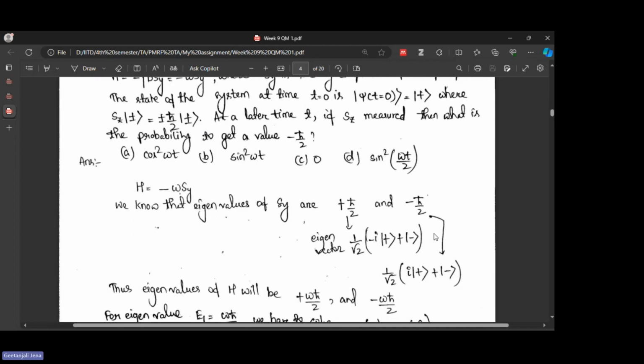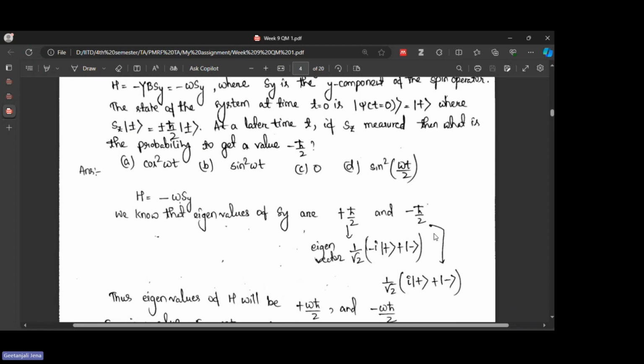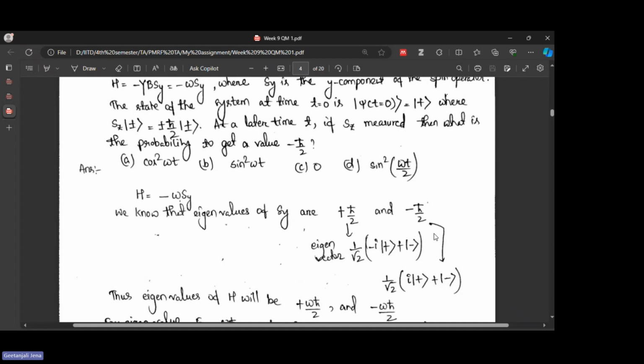Now, if you want to calculate the eigenvalues of H, H is nothing but minus omega times Sy. So Sy has eigenvalues plus h-bar by 2 and minus h-bar by 2. That means the eigenvalues of H will be plus omega h-bar by 2 and minus omega h-bar by 2. So you can easily find out the eigenvalues of the Hamiltonian operator.